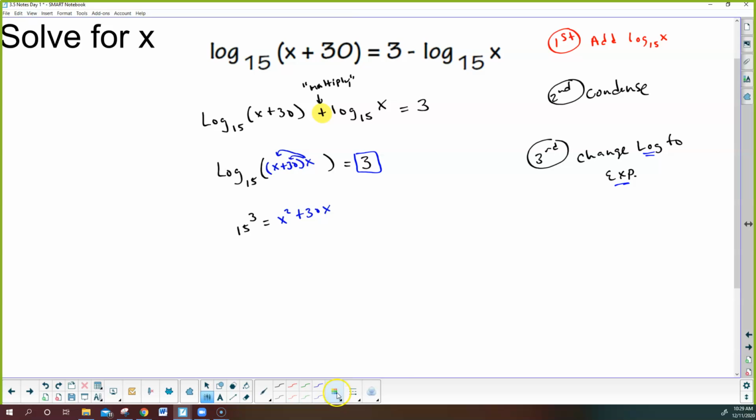Okay, so now this is where we're going to need our calculator a little bit. I need to just figure out what is 15 to the third power, and that's a pretty big number. It's 3,375. Right? So I'm going to move that over to the other side with subtraction.